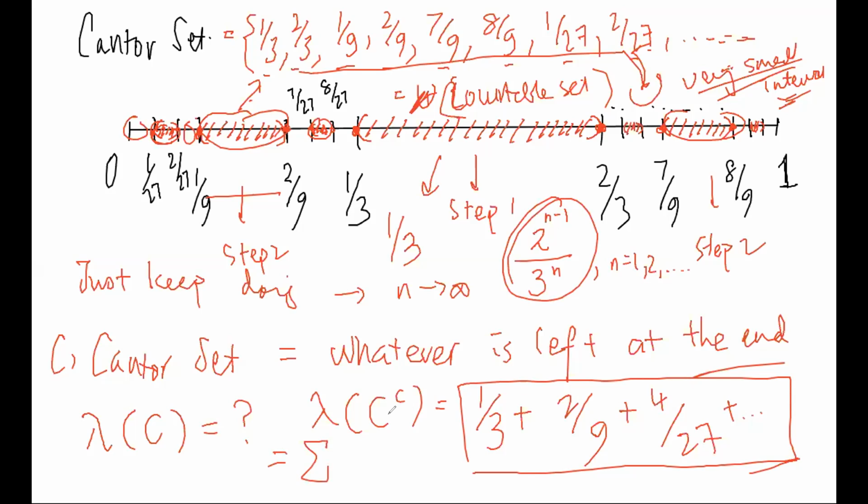This is actually a geometric sum. You can write it like this. With the n minus 1, you group the common exponent n and take out the factor of 1/2.